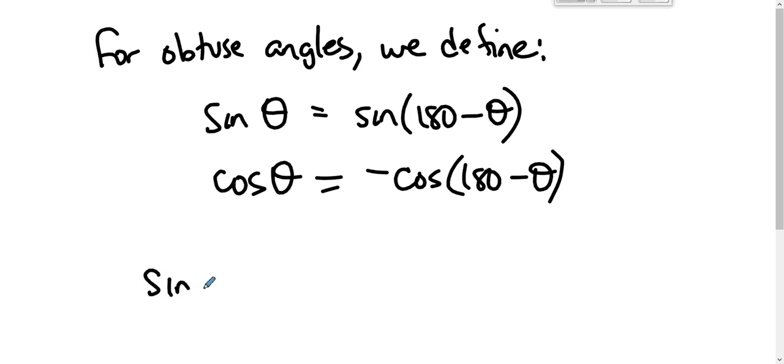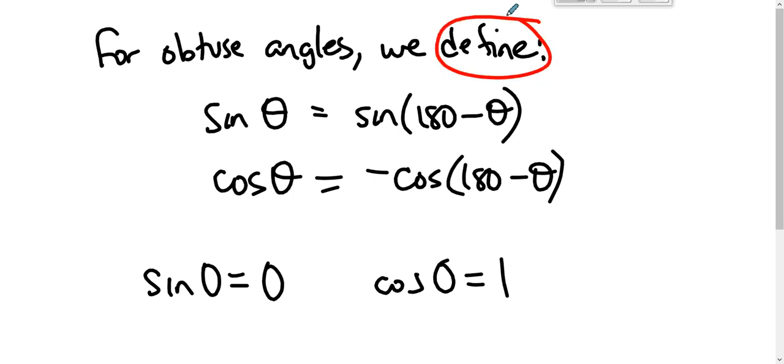And we define that the sine of 0 is 0 and the cosine of 0 is 1 because those things seem to make sense. We define them because we don't want to bring in the unit circle, because we don't want to deal with third and fourth quadrants, because in our geometry, there is no angle measure greater than 180.